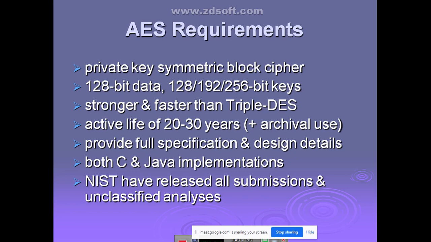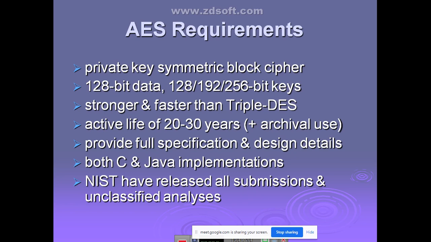And it is stronger and faster than the triple DES algorithm. And it is going to have an active life of 20 to 30 years. It is going to provide you the full specification and the design details, and it is going to have both C and Java implementations.